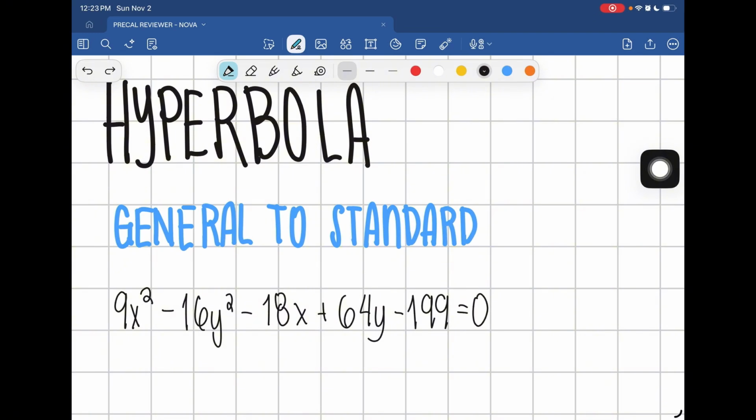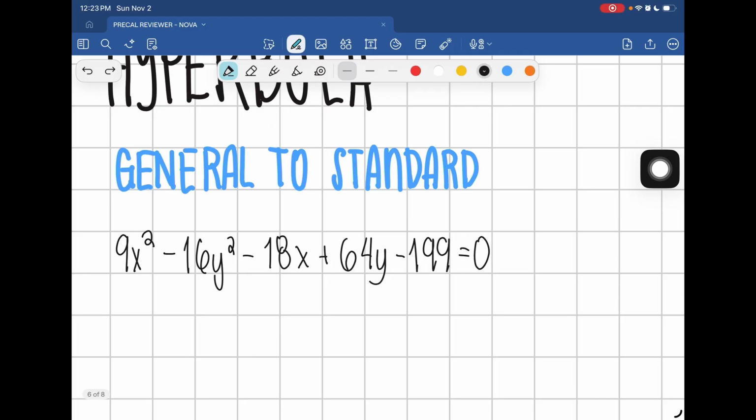Okay, next, let's find the standard equation given the general equation of a hyperbola. So we have 9x squared minus 16y squared minus 18x plus 64y minus 199 is equal to 0. First, in order to find the standard equation, we have to group like terms.